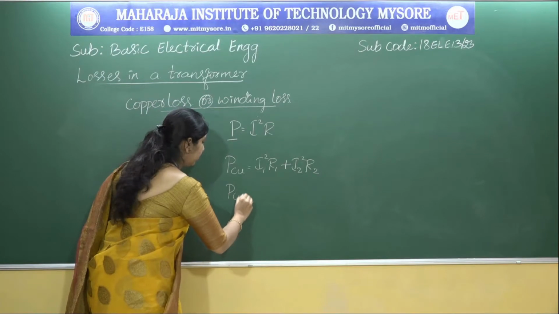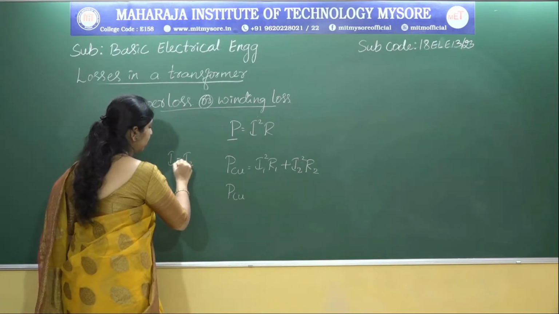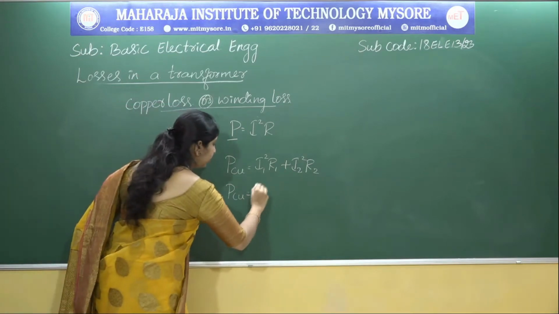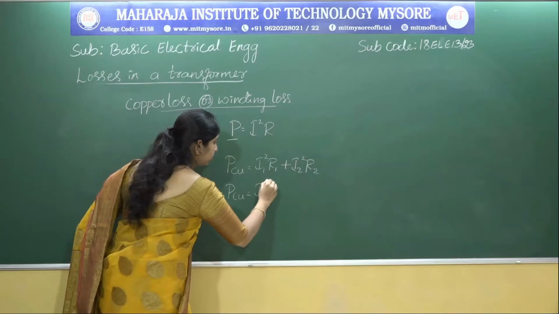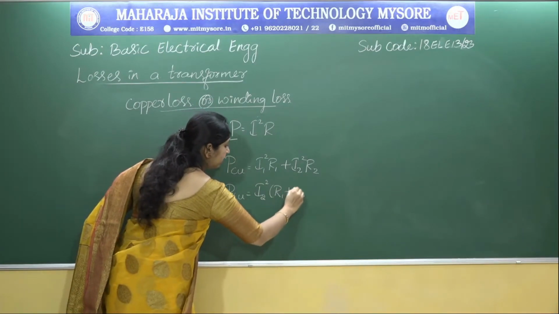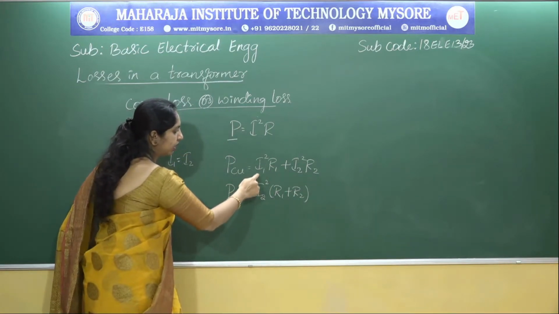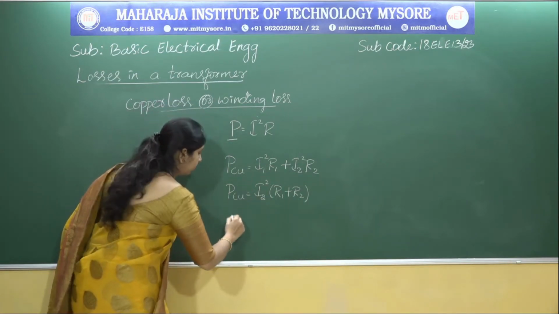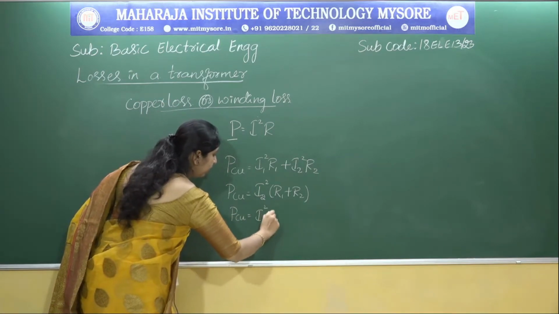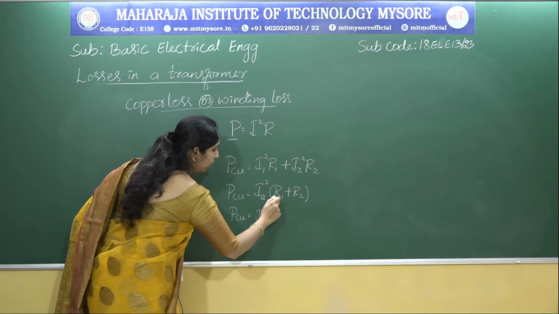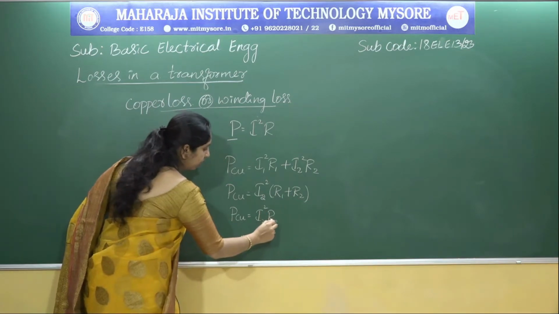Now for copper loss, if I consider I1 equal to I2, both currents being the same, I can express it as I2 square into R1 plus R2, because I am taking I2 common. Finally Pcu is equal to I2 square into R, where R1 plus R2 is the equivalent resistance.